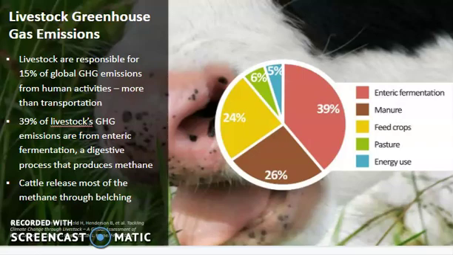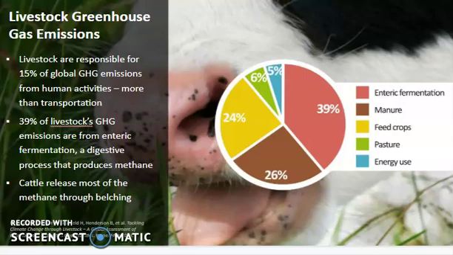So 15% of the emissions from human activities are due to livestock. The other 85% of global emissions are due to things like transportation, all of us driving our cars around, pollution from factories and buildings. There's a whole bunch of other things that contribute to greenhouse gas emissions.